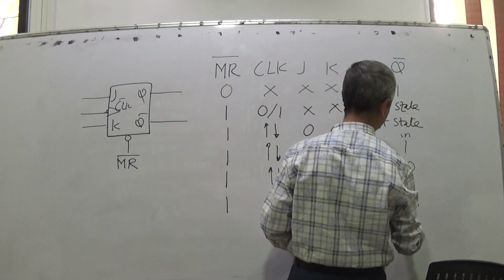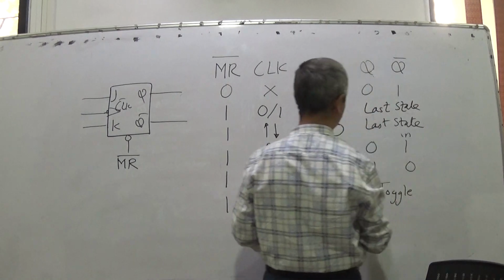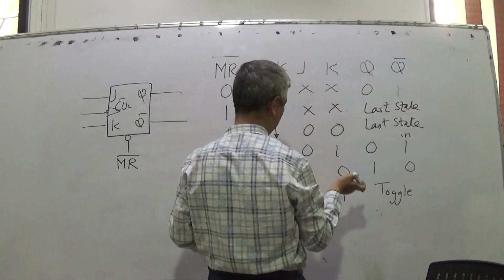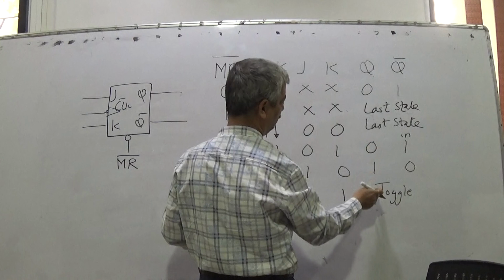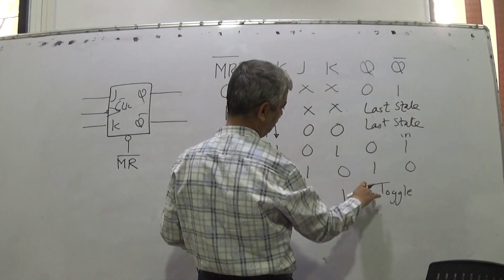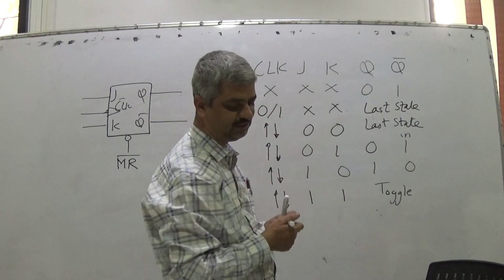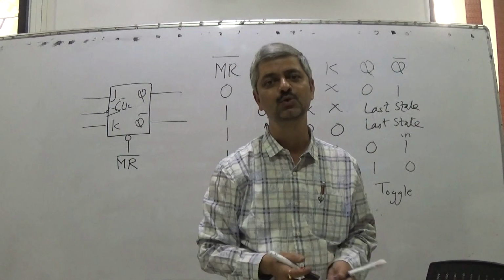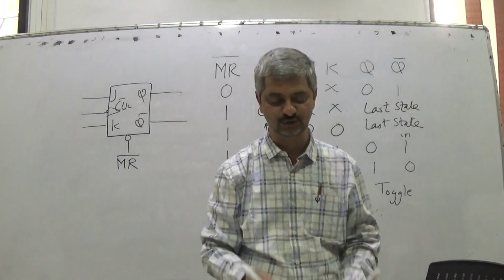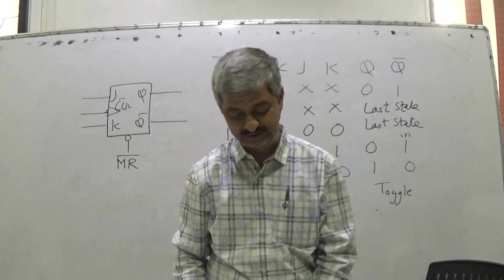Toggle means invert. Earlier Q, if it is 1, becomes 0. If it is 0, it becomes 1, and if Q bar were 0, 1, they become 1, 0. If Q bar were 1, 0, they become 0, 1. This is in case of this flip-flop.